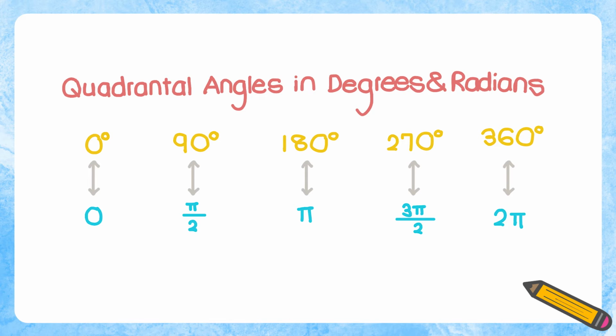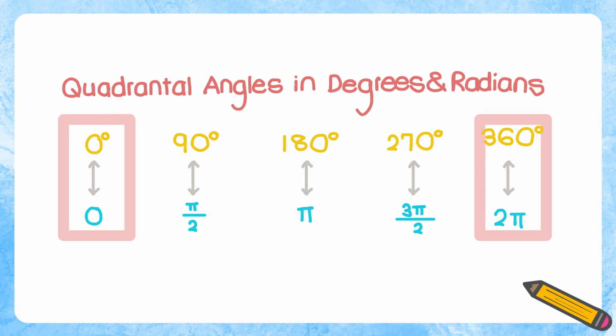So for example, 90 degrees and pi over 2 radians are the same angle, as well as 360 degrees and 2 pi radians. And remember that 0 degrees and 360 degrees are coterminal. They land at the same spot. And so 0 radians and 2 pi radians are also coterminal.